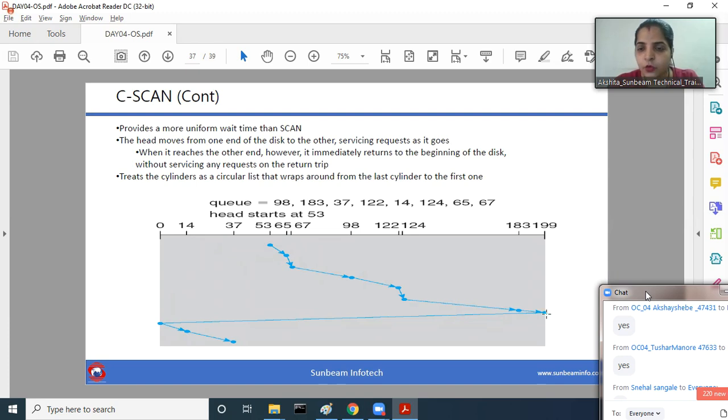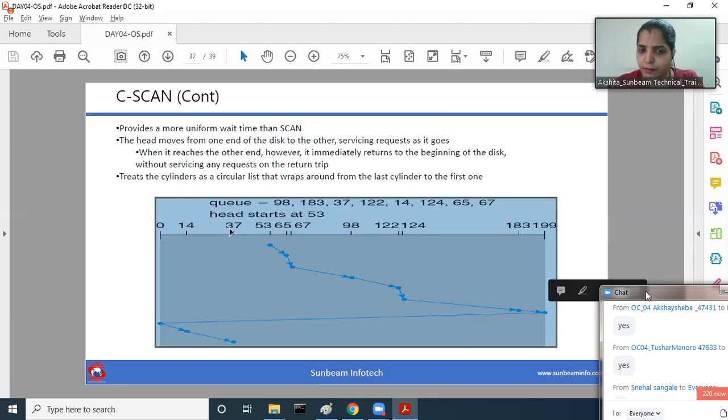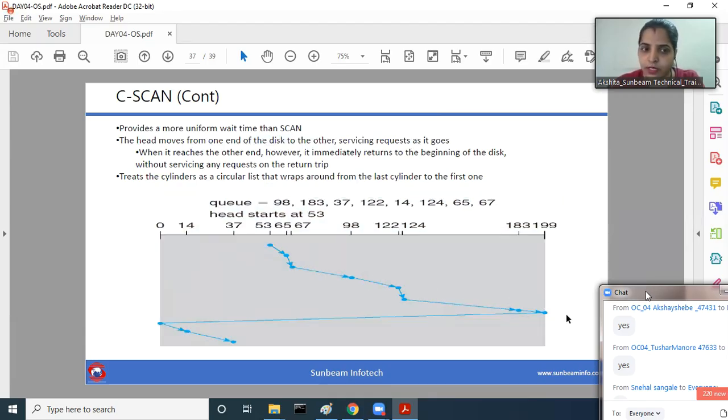Since it is circular, वो circular fashion में, it will come back to the 0th location and then it again gives the requests. So the head moves from one end of the disk to the other, servicing requests as it goes on, and by serving the requests coming in between, without servicing any request on its return trip.